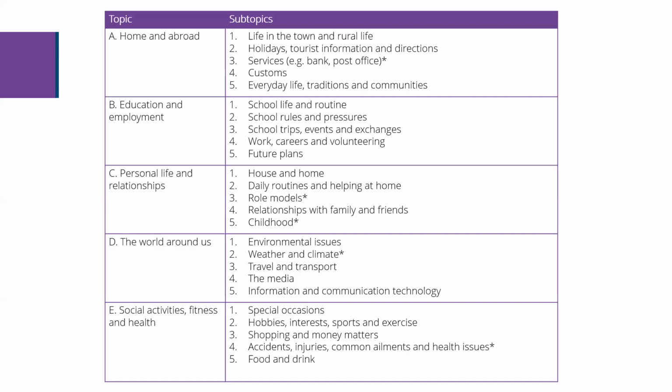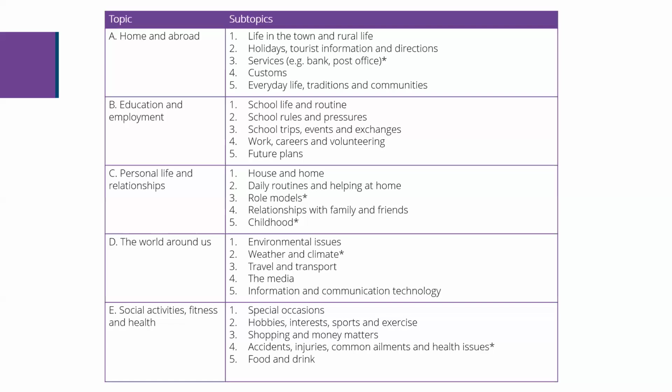And if we look at things like daily routines and helping at home, what students do and how they help at home. So just making sure that for each of those sub-themes, students have a useful range of vocabulary, and also that they have a good sense of how to deal with those themes.